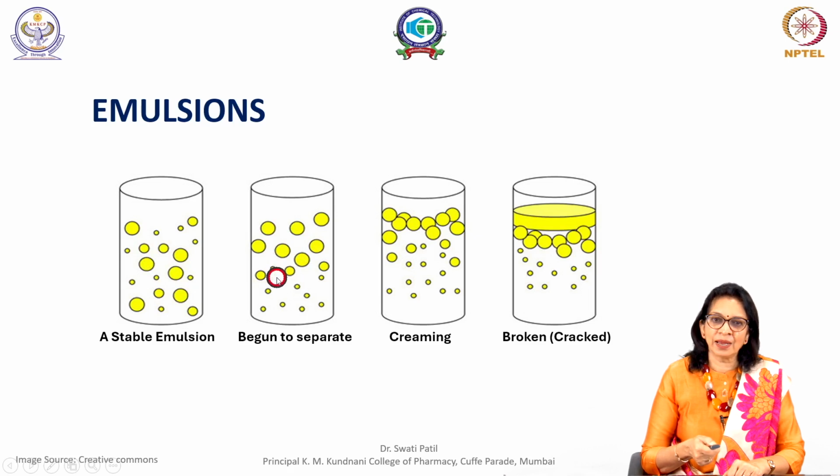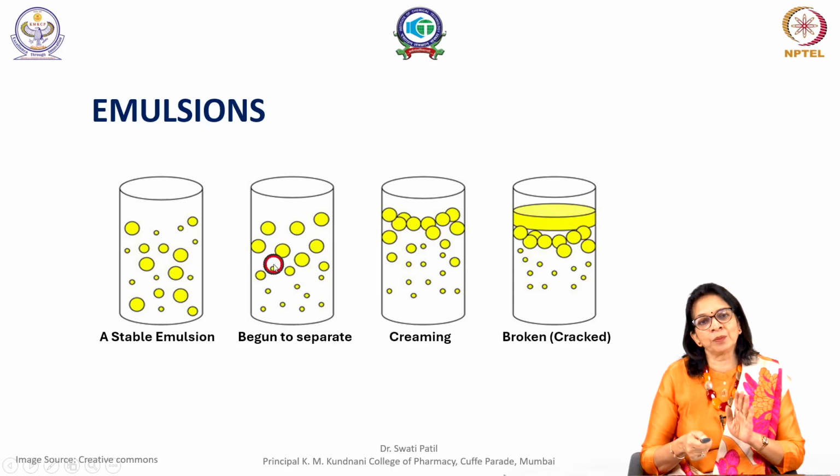You will see that the color is thick or dense on top, which means your formulation has now started to crack, and such formulations are unstable, not accepted by the consumer and in the market.